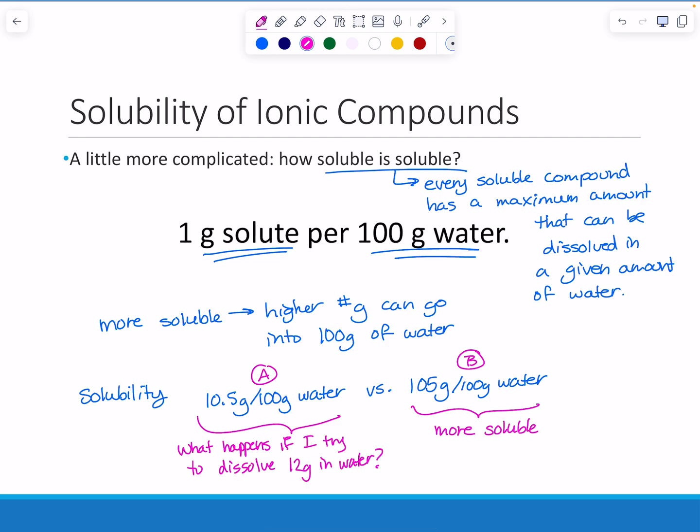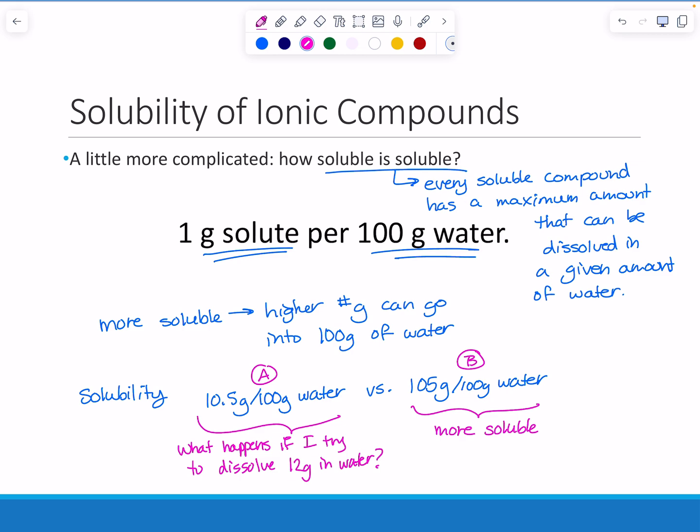So, can we all agree that the first 10.5 grams is going to dissolve and the ions will be surrounded by water? So, what happens to that extra 1.5 grams? Well, that extra 1.5 grams is not going to dissolve, and it's just going to sink to the bottom of my solution. So you can make what we call a saturated solution by putting the maximum amount of stuff into the water.